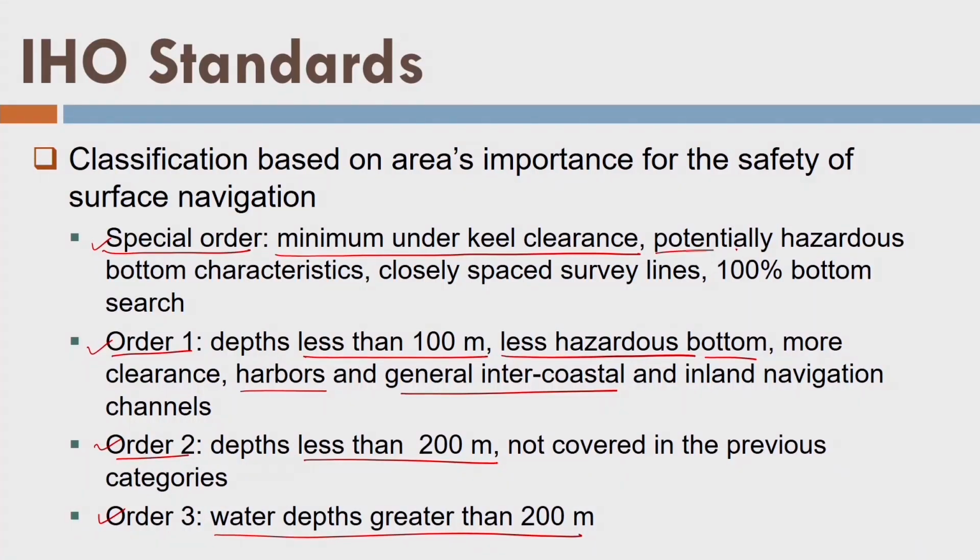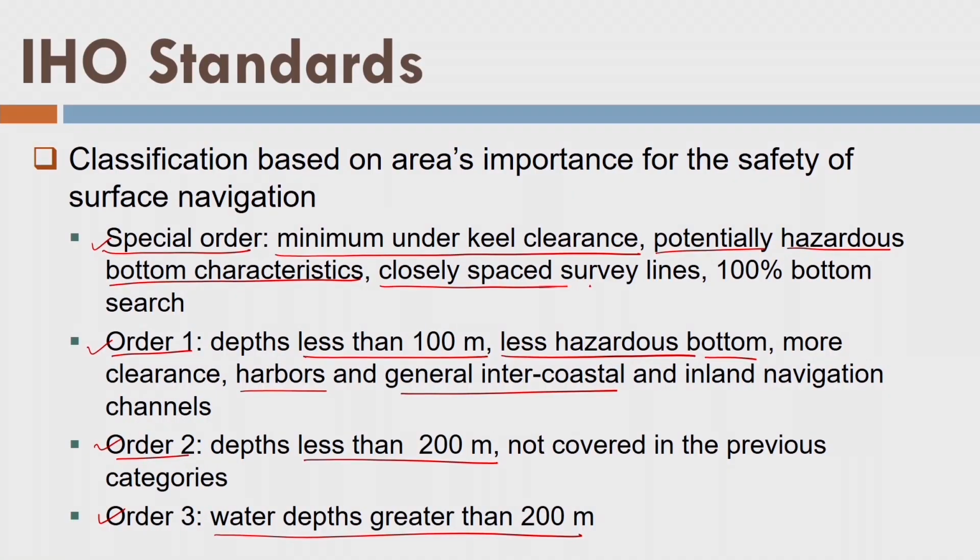Here we are looking for potentially hazardous bottom characteristics, whether there is some permanent underwater body at a given point or any other obstructions, and that is why we should have closely spaced survey lines, and whatever we do, we should cover 100% bottom search, and that is called the special order survey. I hope you got the idea why we need special order survey, order 1 survey, order 2 survey and order 3 survey for hydrographic survey practices. And these are the specifications of the International Hydrographic Organization.